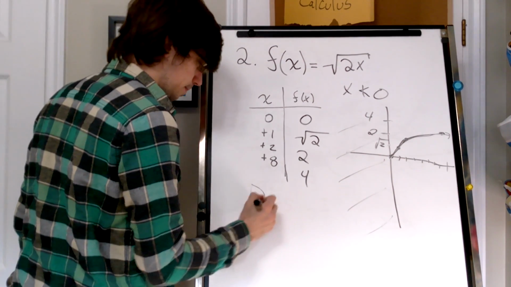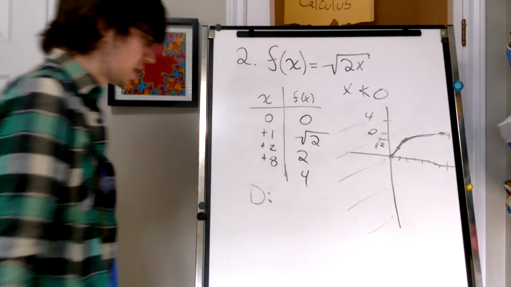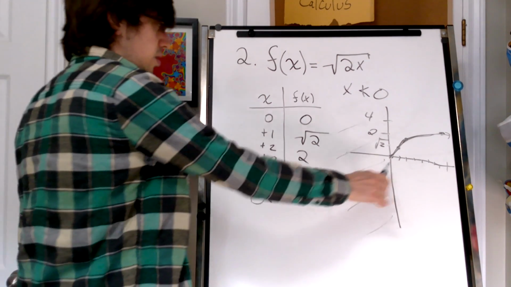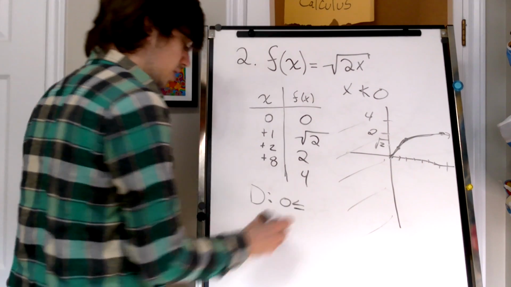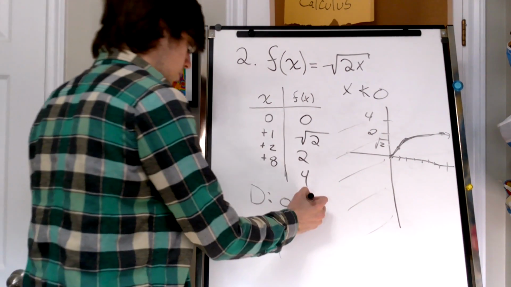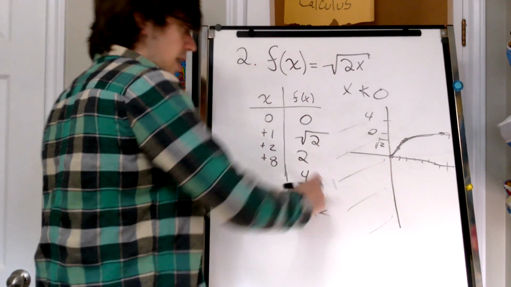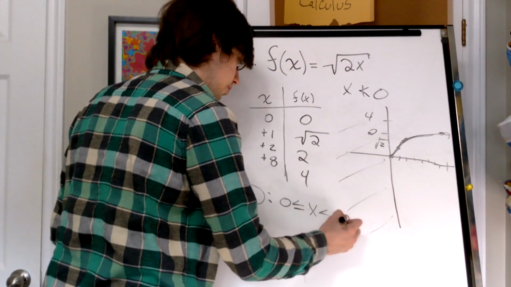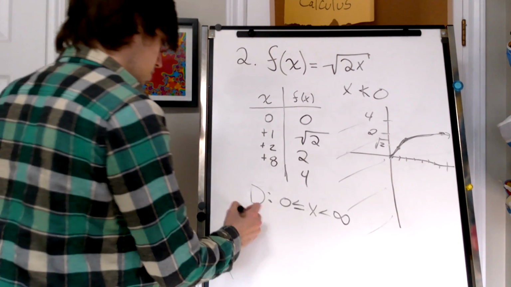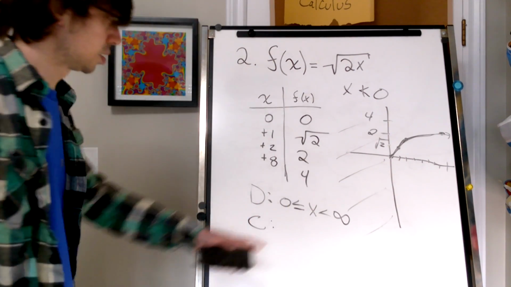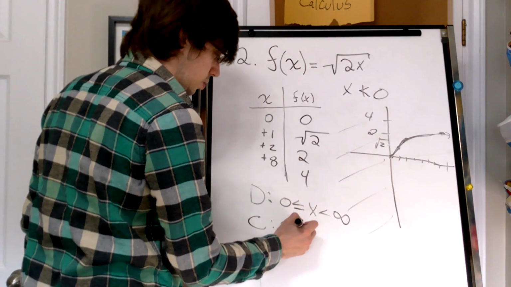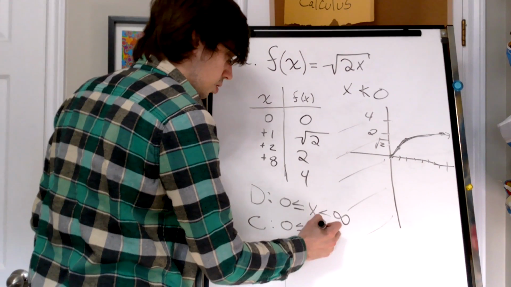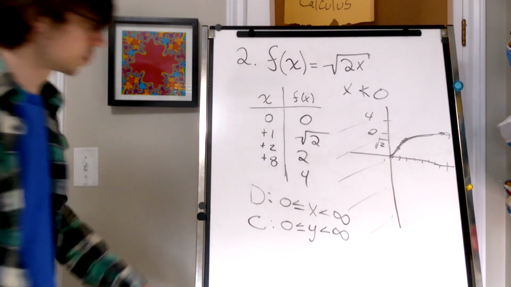So the domain. What is the domain of f? It stops at 0, so it's 0 less than or equal to x, and it goes on forever. The codomain also starts at 0, and also goes to infinity.